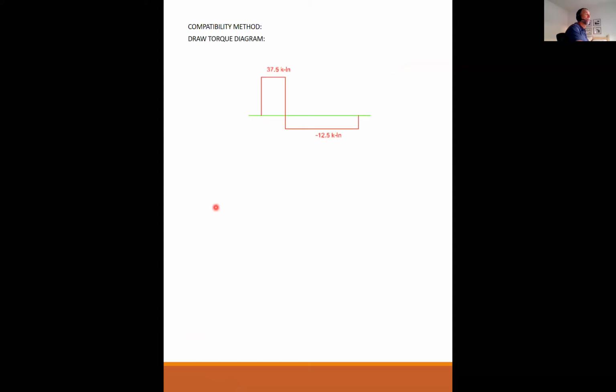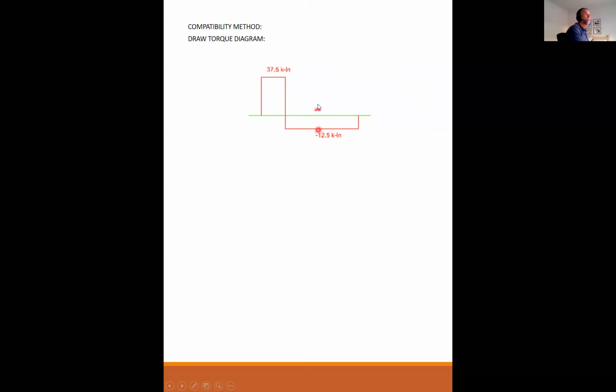So if I draw the torque diagram, the torque from A to B we just solved is 37.5 kip inch. And we know it's constant because there's no other applied loads in between these 2 points. And we solved for the torque from B to C is minus 12.5 kip inch. And we know that that's constant.